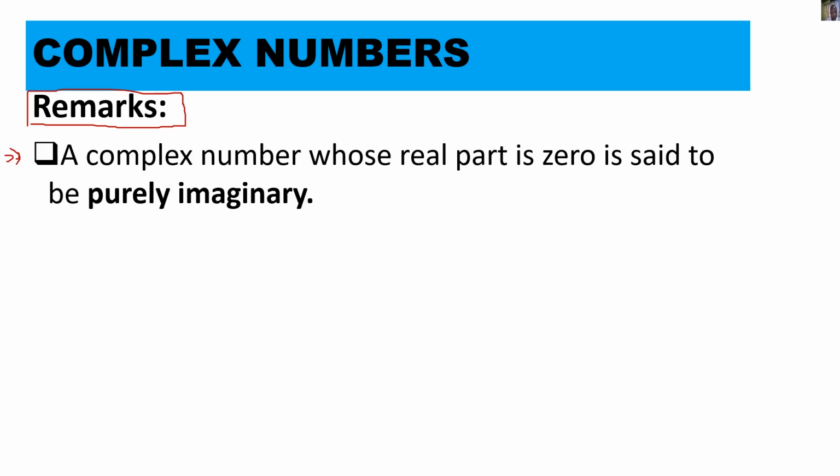First one, a complex number whose real part is 0 is said to be purely imaginary. Here, a complex number is said to be purely imaginary if its real part is equal to 0. If the real part of a complex number equals 0, then we obtain the complex number with bi.